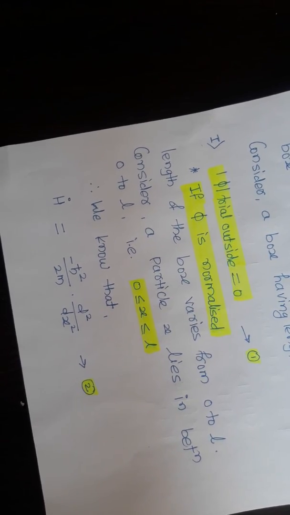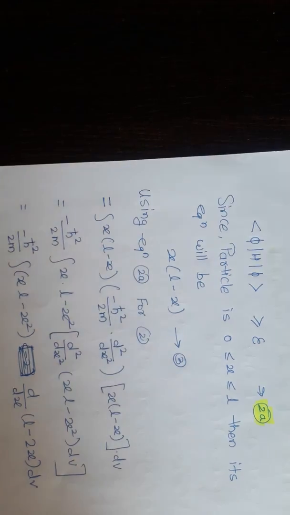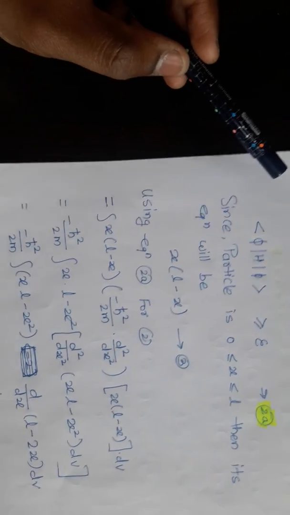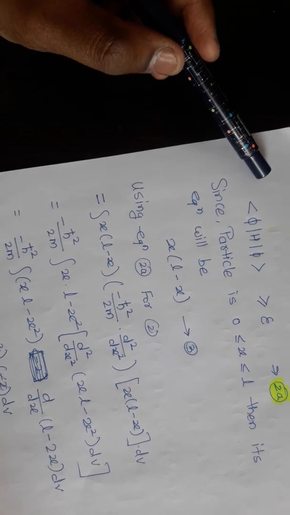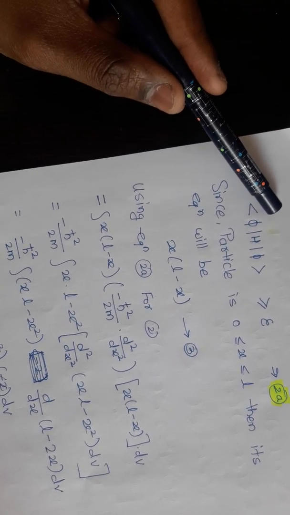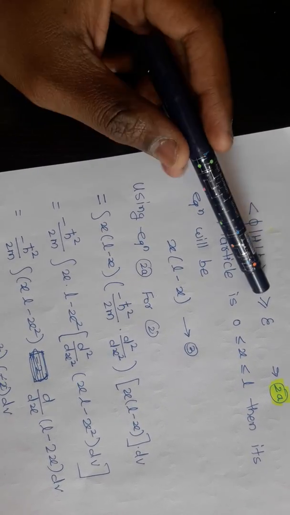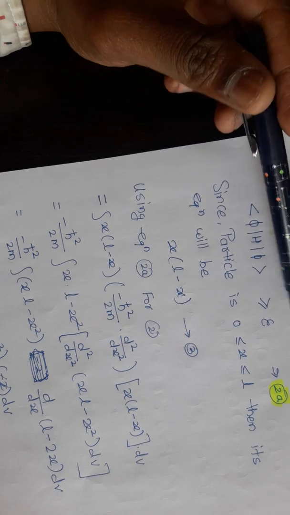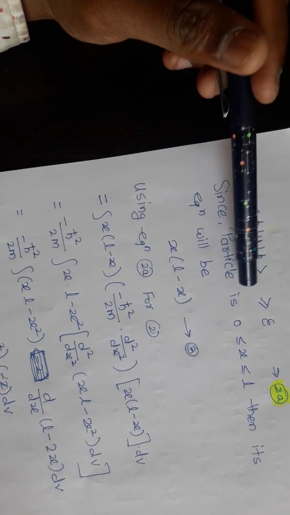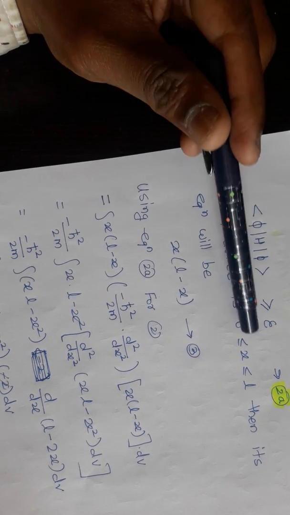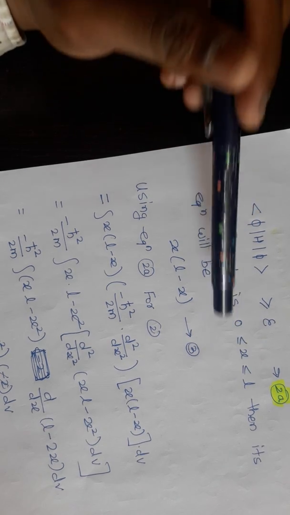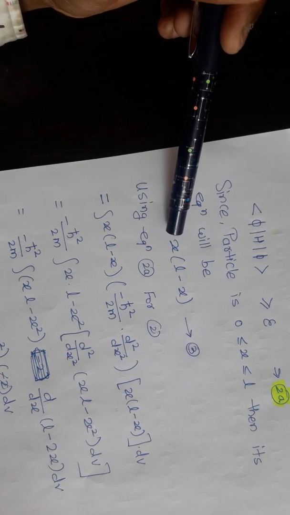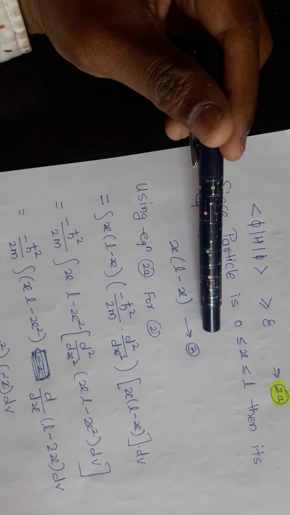This is equation number 2. Now the second equation, 2a, is the expectation of the Hamiltonian operator, which is greater than or equal to E. Since the particle is at 0 less than or equal to x less than or equal to L, its equation will be x into (L minus x). This is equation number 3.